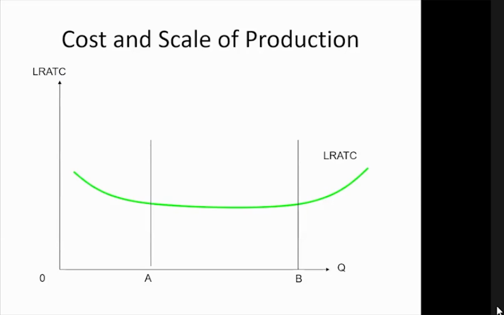In the short run, we kept capital fixed and only changed the labor. But in the long run, we change both labor and capital. So returns to scale says, when we increase both capital and labor in the same proportion, what is happening to our output?